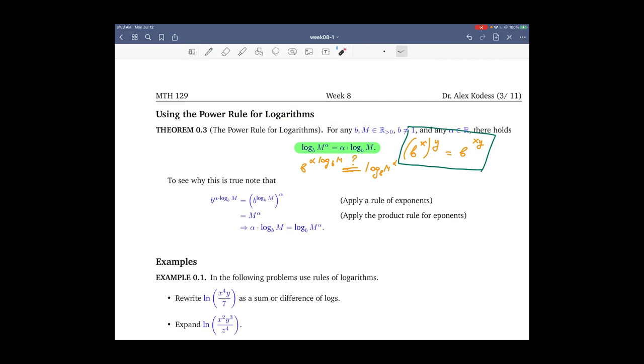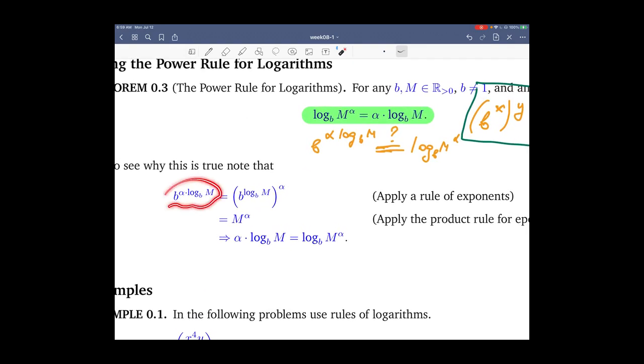When you need to raise b to the power which is a product of some x and some y, you can first raise b to the power x, and then the result is raised to the power y. That is exactly what we're going to do here.